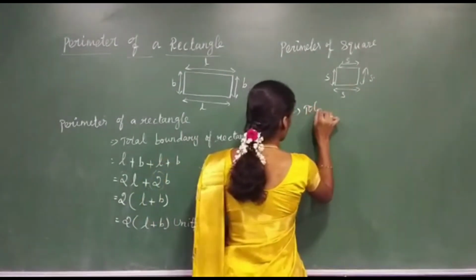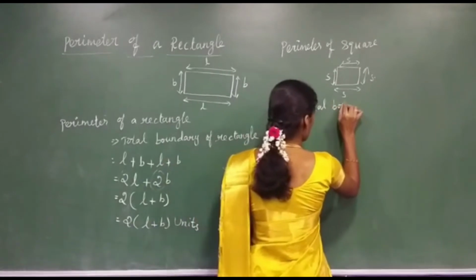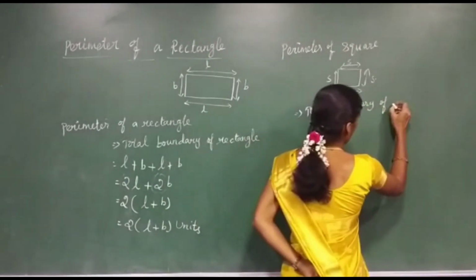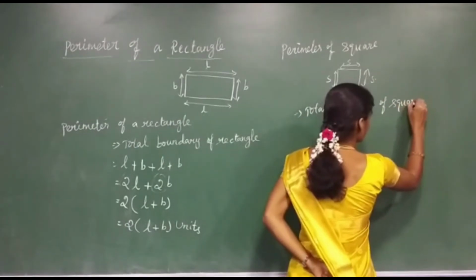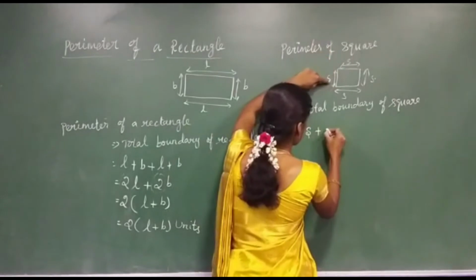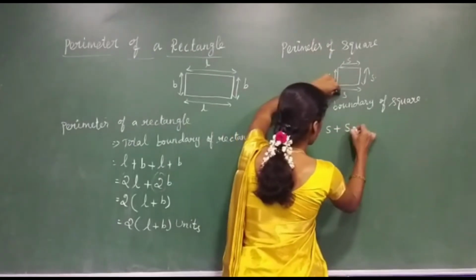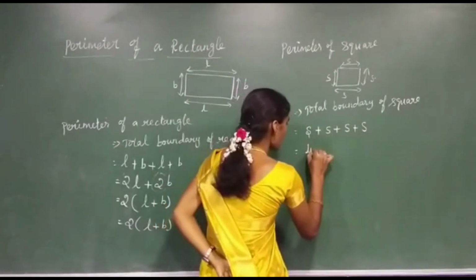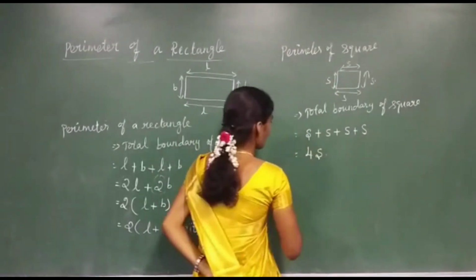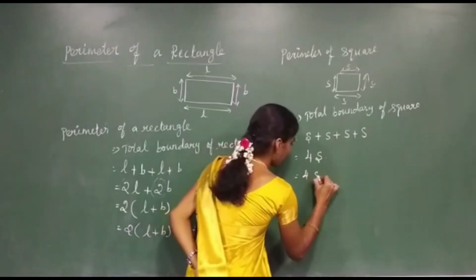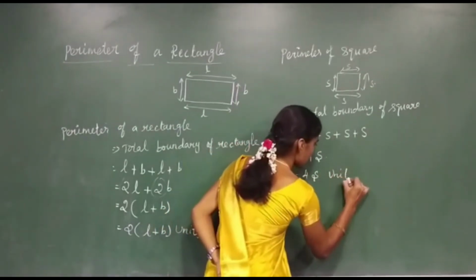Total boundary of which shape here? Square. So side plus side plus side plus side. How many sides in total? 4 sides. So the perimeter of a square is 4s units.